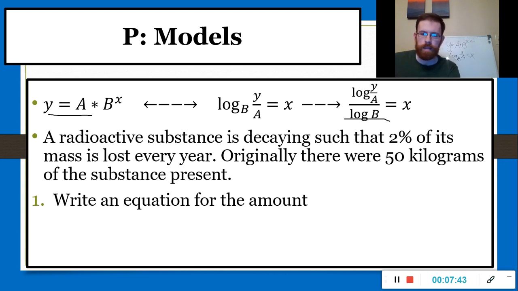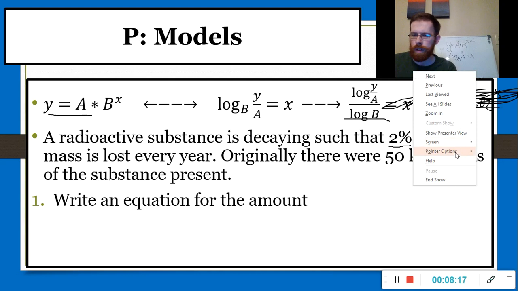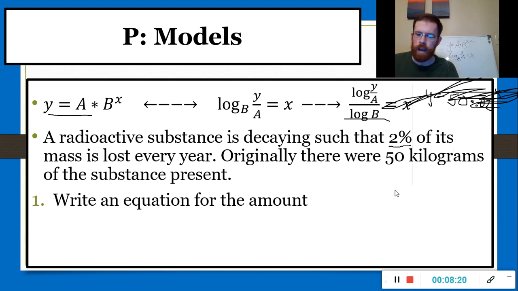Well, a radioactive substance is decaying such that 2% of its mass is lost every year. Taken from our lesson yesterday, we're going to be looking for how much is going to be left. So I don't want to build this like y is equal to 50 times 0.02 to the x, because that will get us how much is lost, not how much is left.